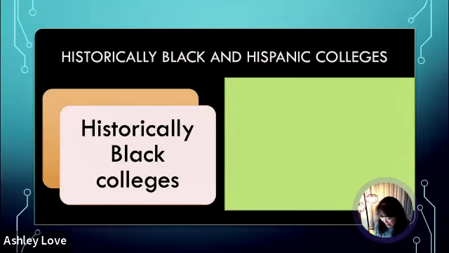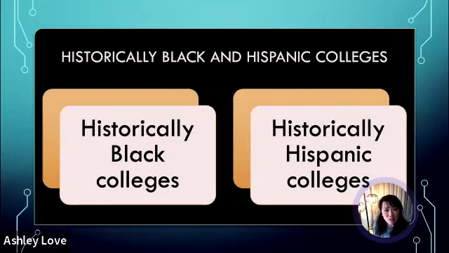On the other hand, the historically Hispanic colleges, HSIs, are institutions of higher education that have a student body with at least 25% Hispanic students, and they were established to make higher education accessible for this group.